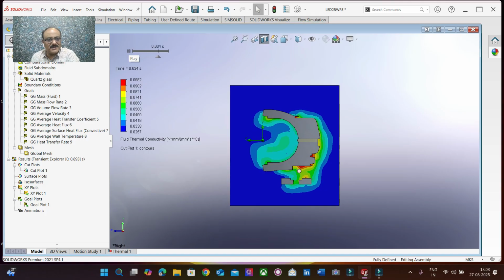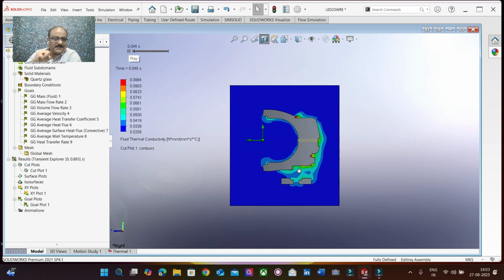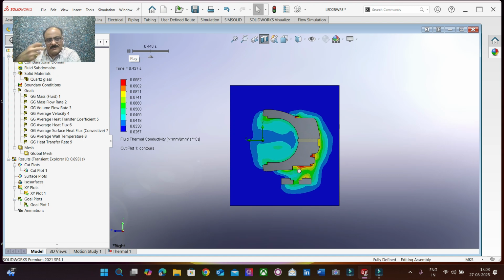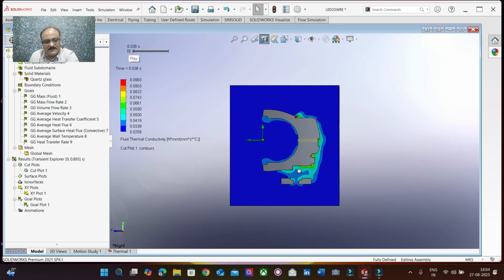In this particular case, it's a good thermal conductor. It's going to remove heat. That is the reason we call it a conductor, and that's the reason it's used for eliminating heat, the temperature. Now this is the fluid thermal conductivity. It is between 0.02 and 0.09, so there is a change.